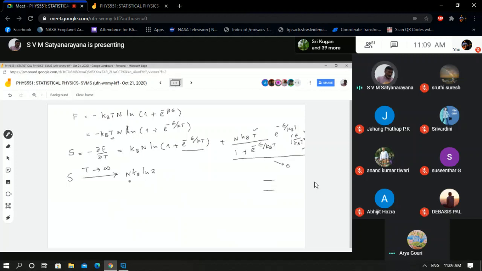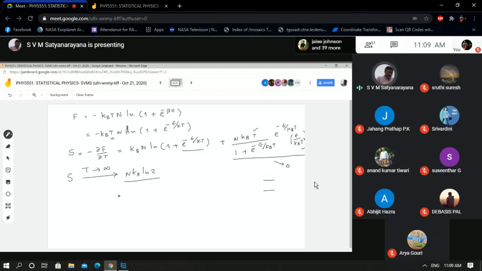So N k_B logarithm of 2 is the entropy. We could have guessed this. Sometimes we should develop this habit of guessing what happens in different limits of temperature.